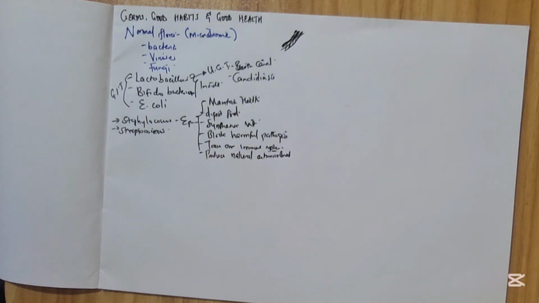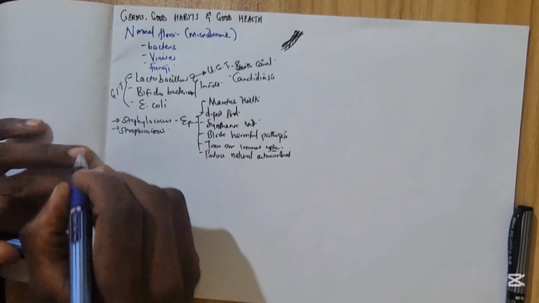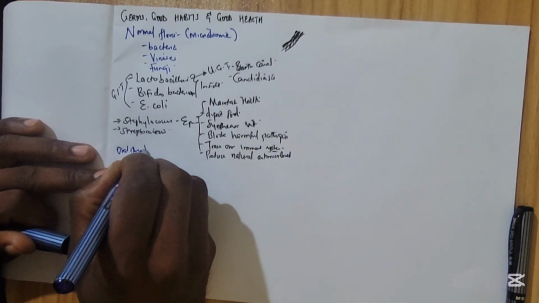We have said that when the microbiome is destroyed, we are likely to have overgrowth of things like candida, and we see very many signs of this candida. Candida is a natural inhabitant in our body, but its overgrowth is what is dangerous. The overgrowth exhibits in things like oral thrush.